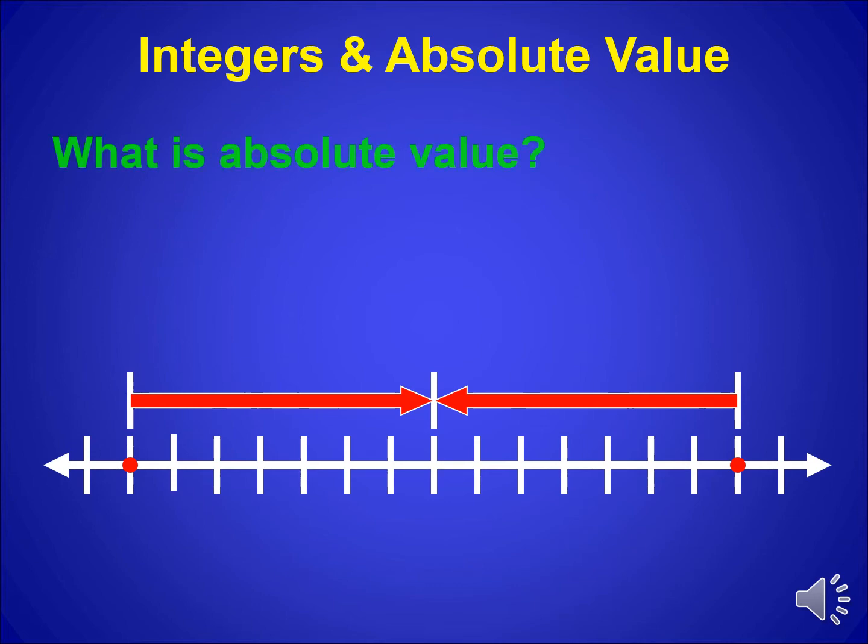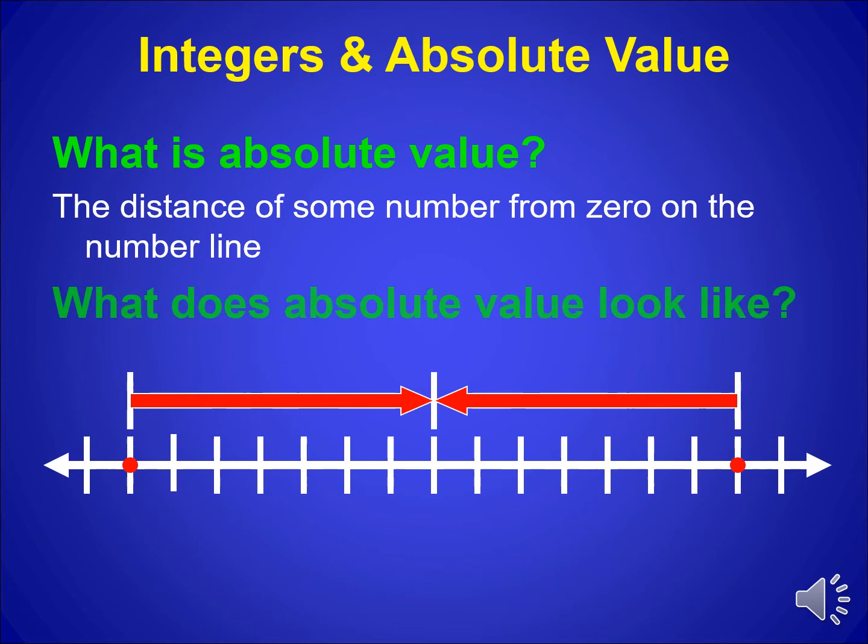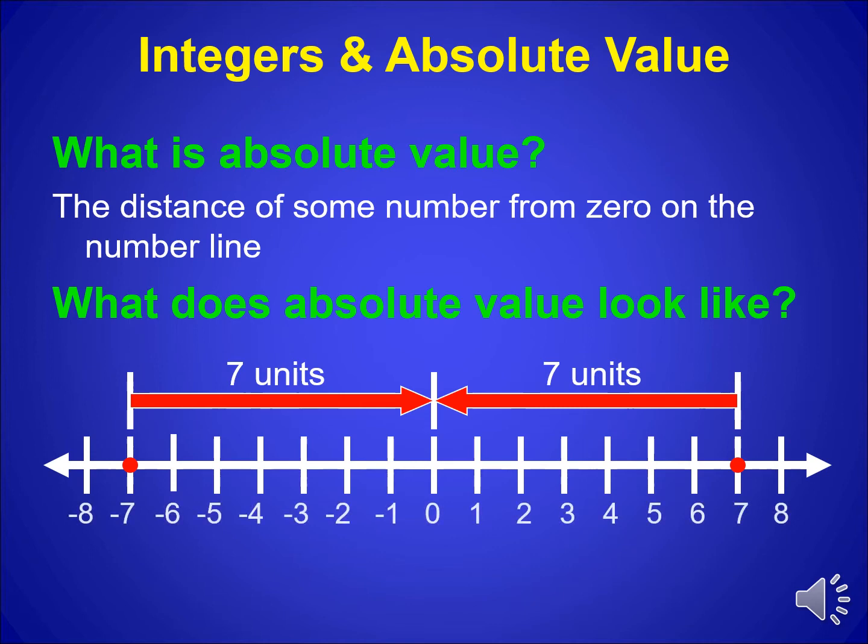Now, what is the absolute value, to be clear? The distance of some number from 0 on the number line. So now, how much distance between 7 and 0? Let's count the distance.